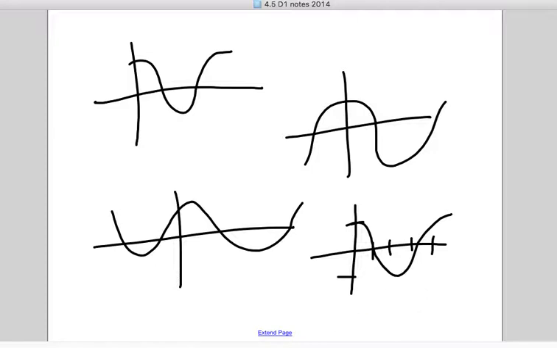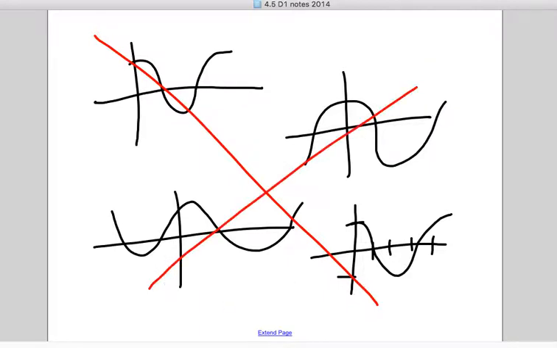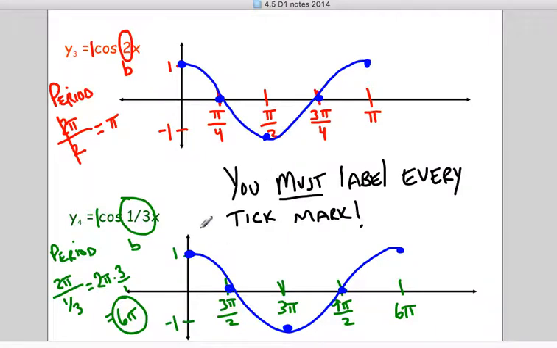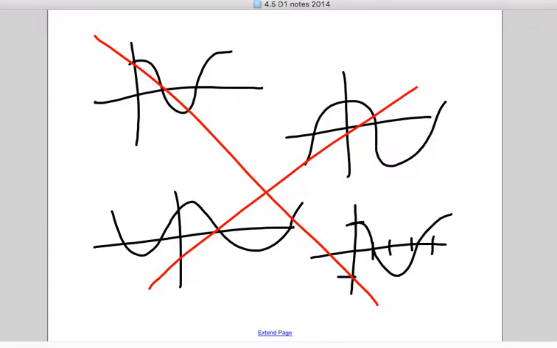So all of these are terrible. Don't do them. Make sure that you label every tick mark. If you come and talk to me next week and you don't have your tick marks labeled, I'm going to know that you didn't watch this video.